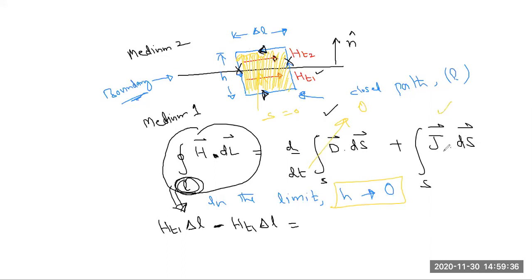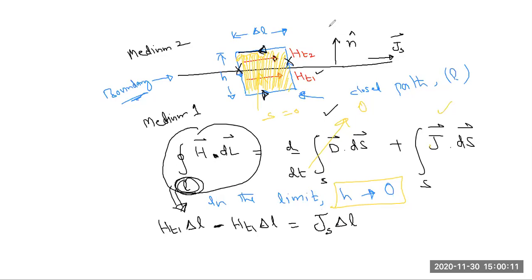What about this term? If you remember, this J is the current density, and in my first figure, I represented that on this boundary there will be some current density, some current, which I represented as Js. So how much is the current on this? That must be equal to Js multiplied with delta L, because we are only considering this path.